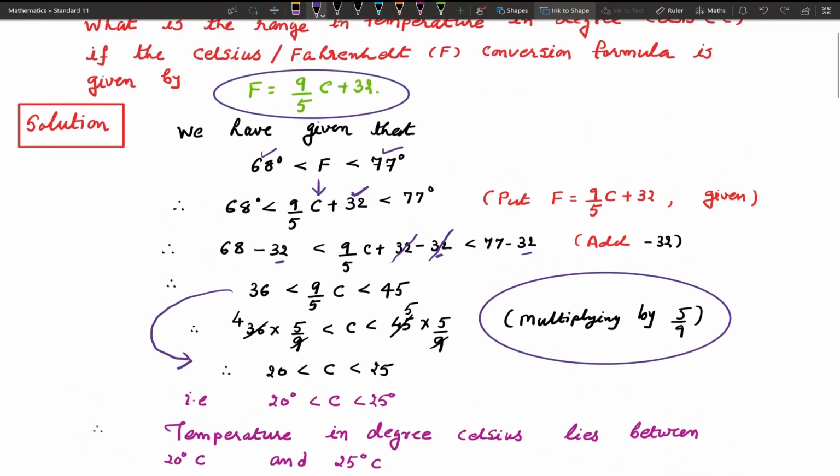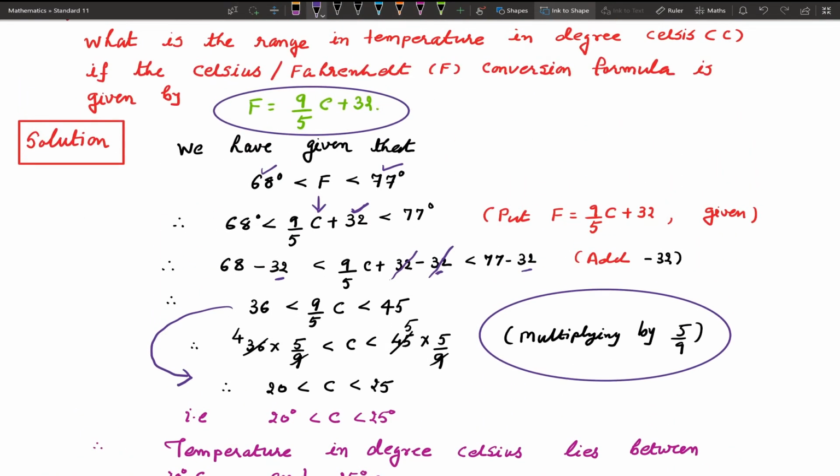Again you note that formula is given F equal to 9 by 5 into C plus 32, and range for Fahrenheit is given in open interval 68 degree to 77 degree.